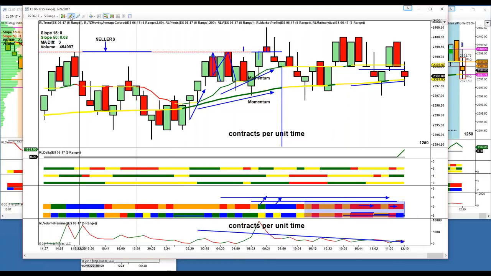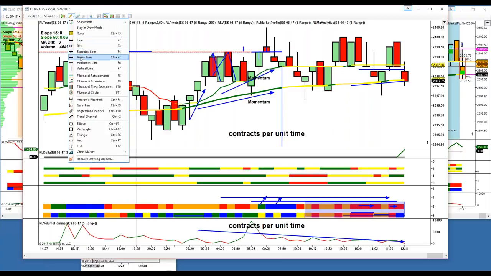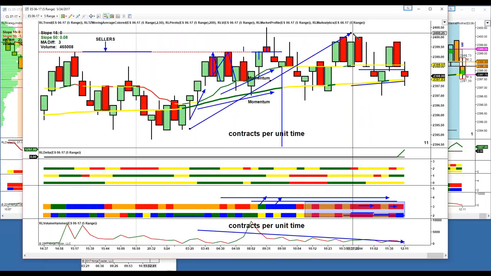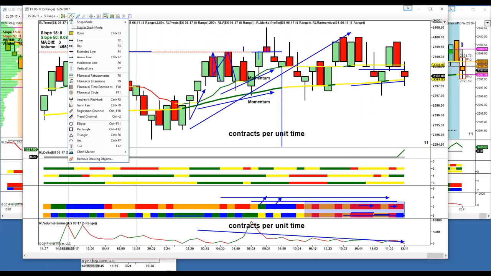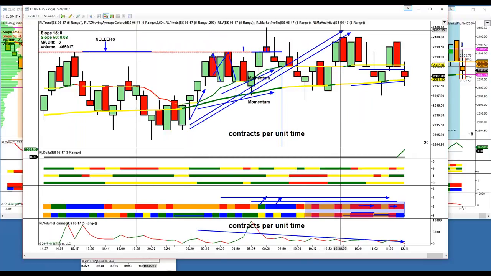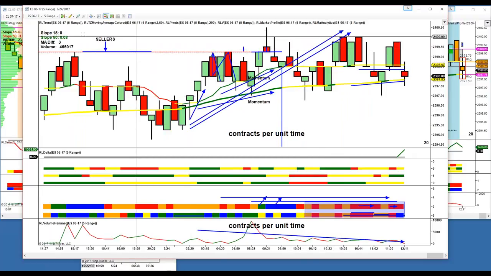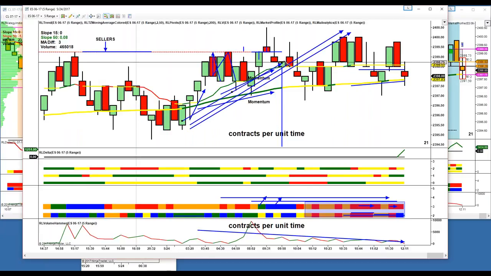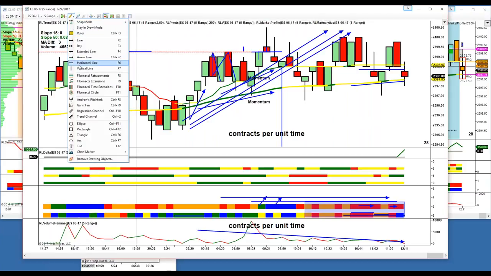So what we're looking at here is when the E-mini goes up, we know that the correlative markets that we can know for sure is the Russell 2000 index goes up. And we know that the NASDAQ goes up. And we know that the Dow goes up.